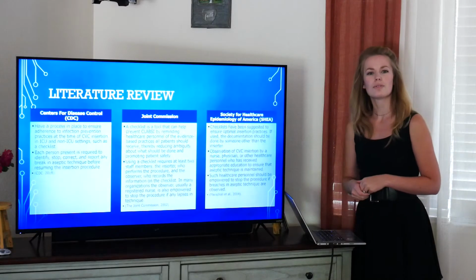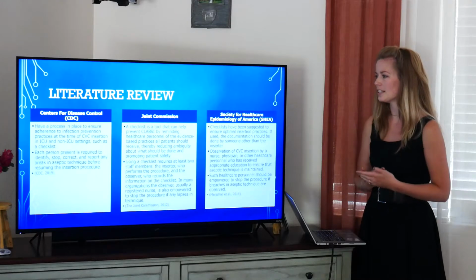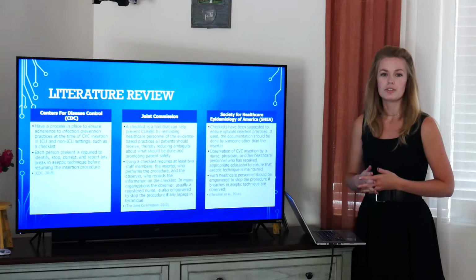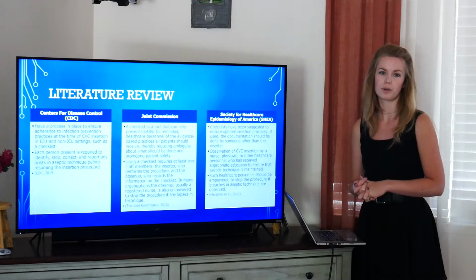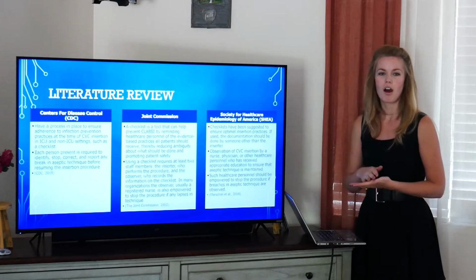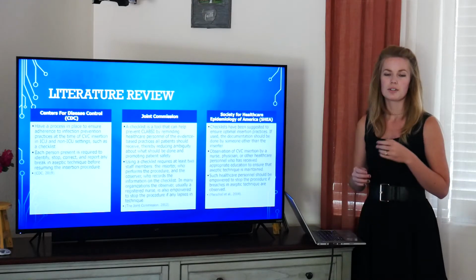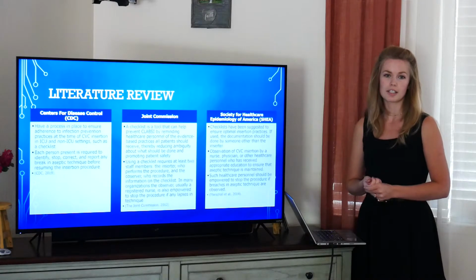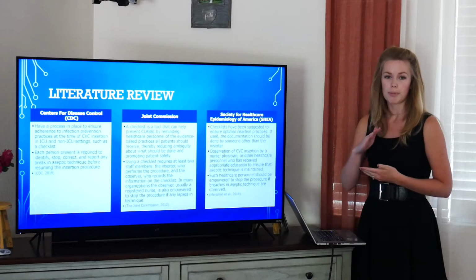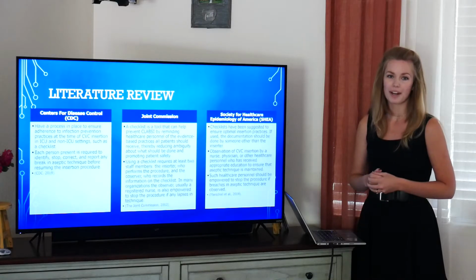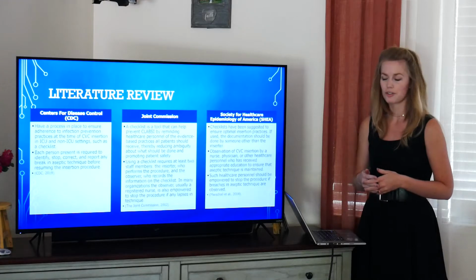During my literature review, I learned from the CDC, the Joint Commission, and from SHEA that all of these guidelines recommend using a 2-person method for central line care. The common theme throughout all of their guidelines is that there is one person, the inserter, and the second person is the observer, who is using the checklist to maintain an aseptic technique and maintain the proper protocol for doing all central line care, whether it be a PICC insertion, a port access, or a dressing change.